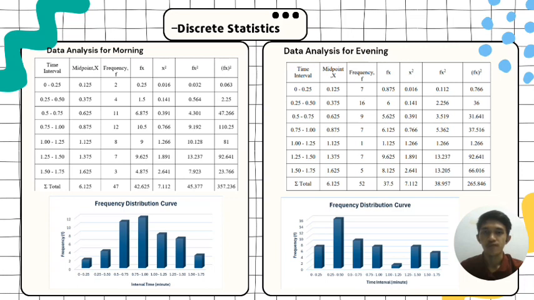To get the value of fx squared, 2 multiplied by 0.125 squared, and for (fx) squared, we calculate the value of 2 multiplied by 0.125, squared. After we got all of the answers, we can construct the frequency distribution curve.